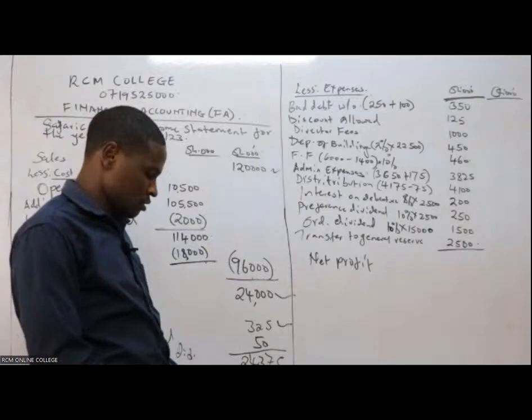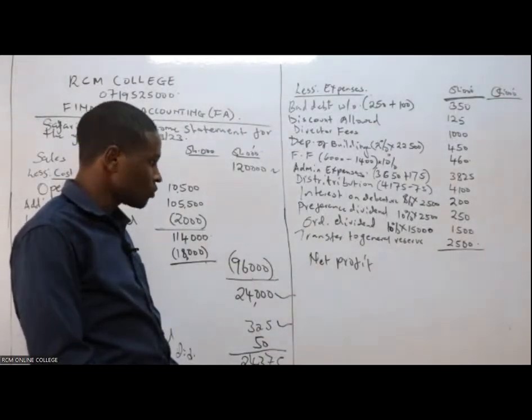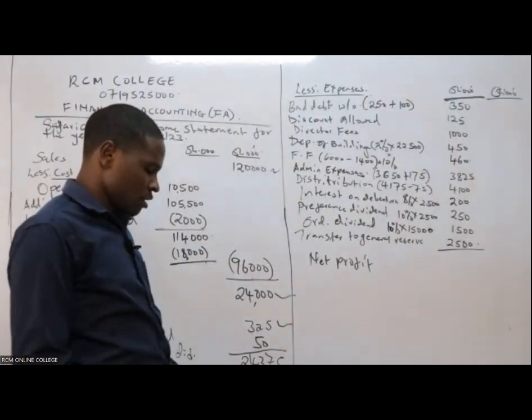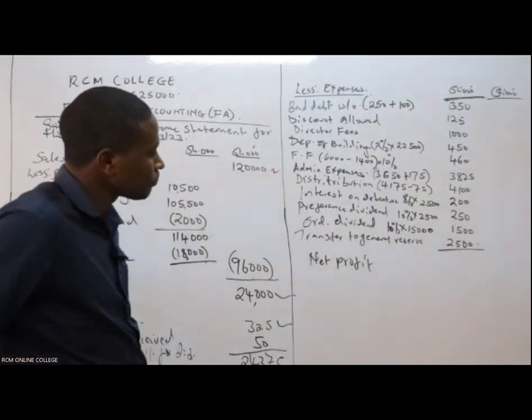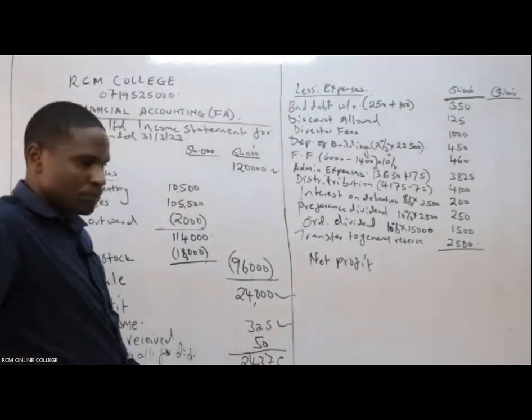Plus 460 plus 450 plus 3825 plus 4100 plus 200 plus 250, almost there, plus 1,500 which we were leaving out, plus 2,500. I'm getting 15,210.